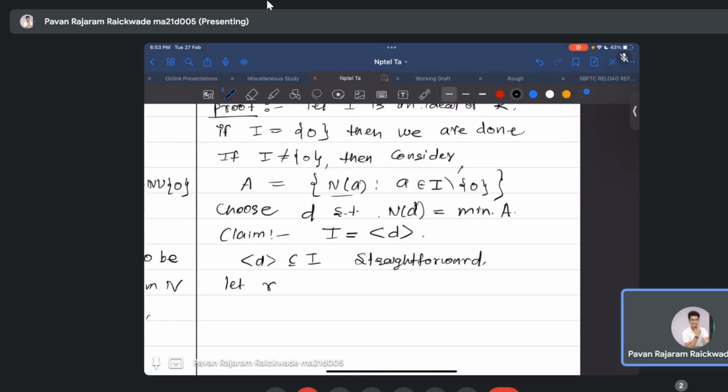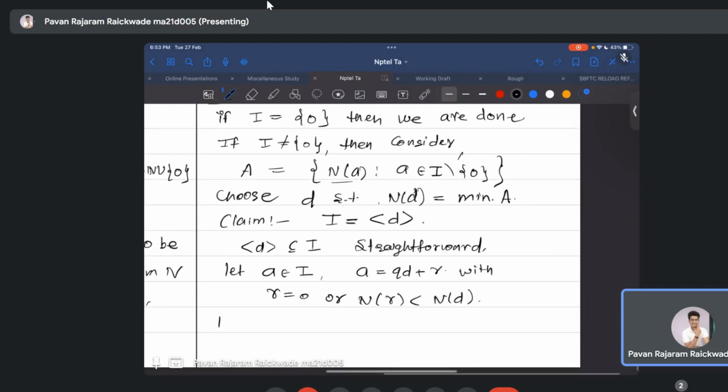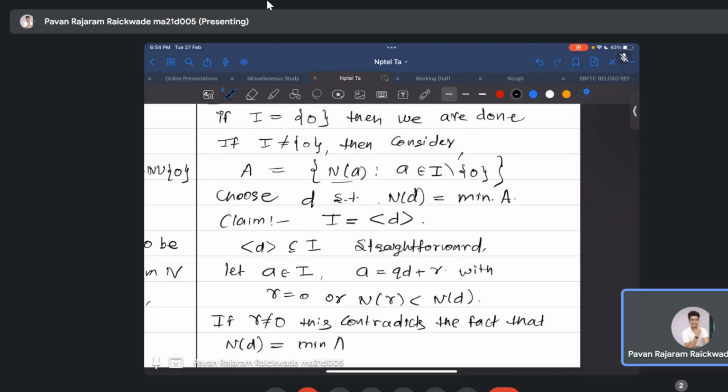Let A be an element of I. I can write A as QD plus R, right, with R equals 0 or n of R strictly less than n of D. But if R is non-zero, this contradicts the fact that n of D is the minimum of the set of all norms of non-zero elements, right?